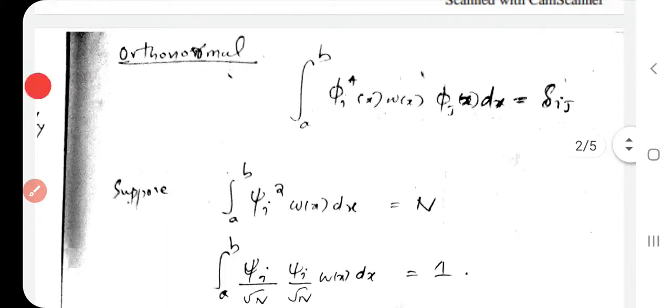And in the Gram-Schmidt orthogonalization method, we can actually form an orthonormal set from a set of non-orthogonal linearly independent functions. Now, how do we normalize a function?